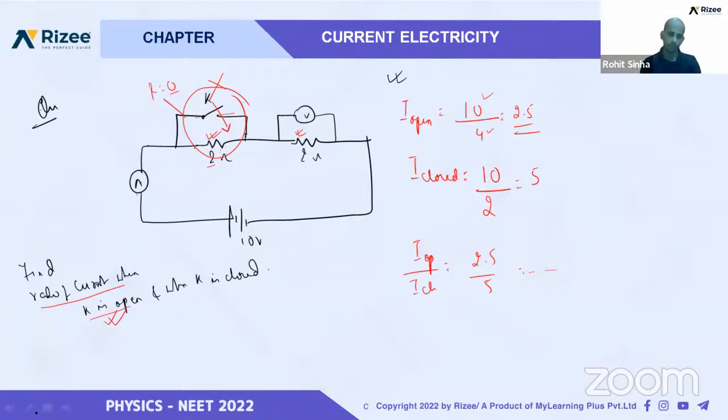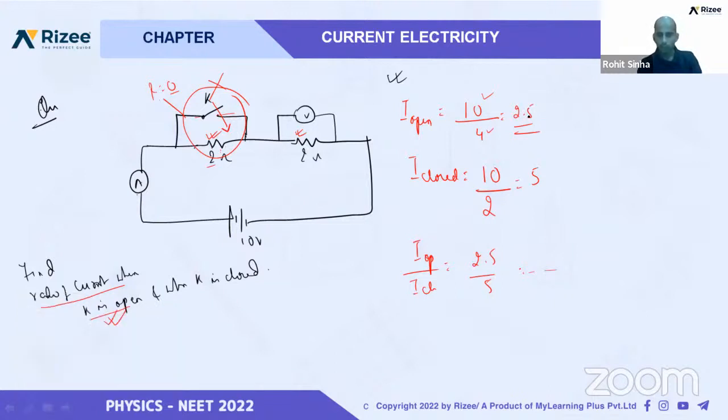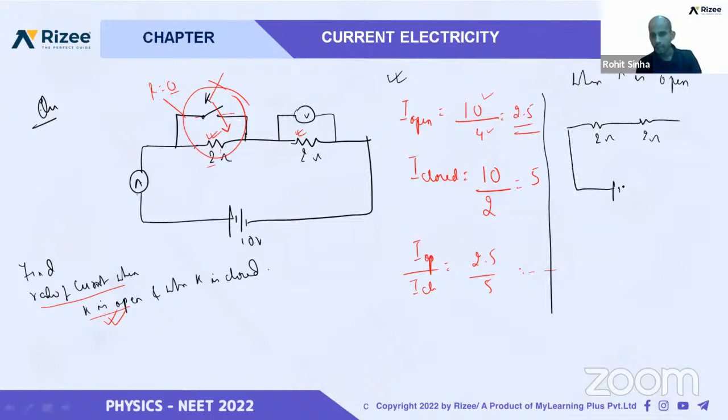Okay, let me tell you once again what I told. When K is open, you can redraw the circuit like this: 2 ohm here, and here it is connected with 10 volt. Voltmeter you can connect or not connect, that depends upon you.